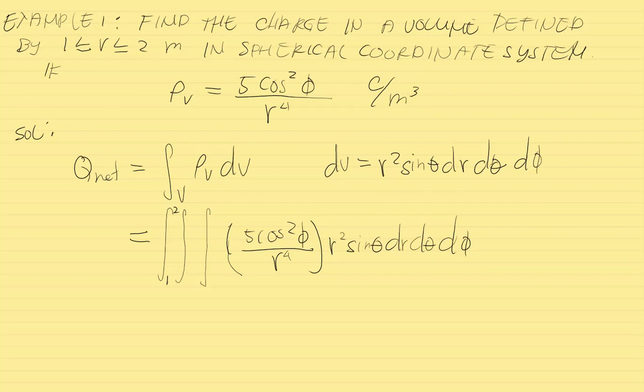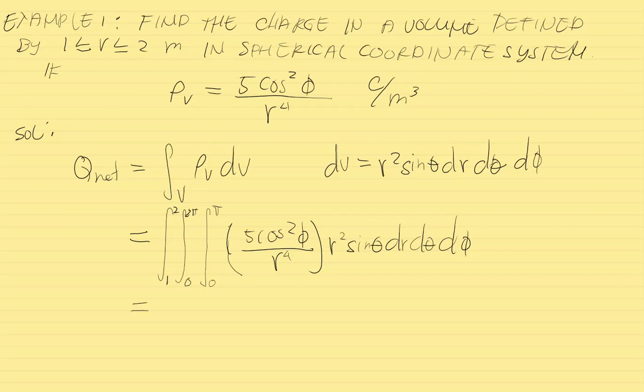For theta, we will be using from 0 to 2 pi, that's 1 revolution. For phi, we don't need 1 revolution, we only need half of the sphere, from 0 to pi. Then we rotate that into 1 revolution. So this will be our limit, and we will solve this.